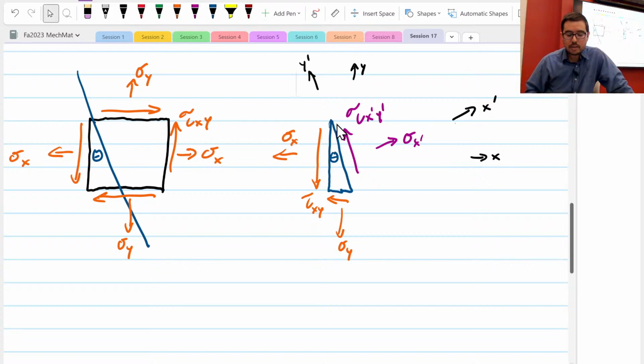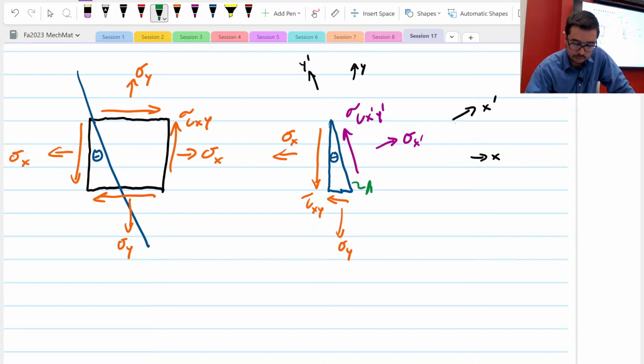Let's call this, since it's on a very small thing, delta A. I need another color, green. So what is the area over here on this side of that face?